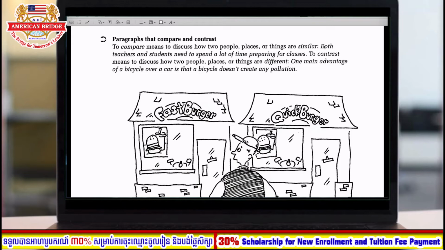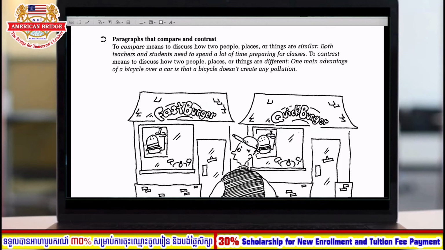When you compare A and B, you try to find some similarity, some things that are in common between A and B. On the other hand, if you are writing a contrast paragraph, you discuss how two people, places, or things are different. So again, in a compare paragraph, you try to find some similarity about two things, and in a contrast paragraph, you try to point out the difference between those things.